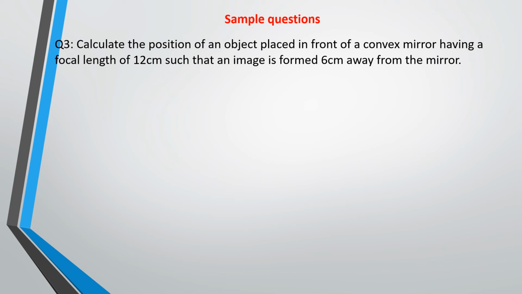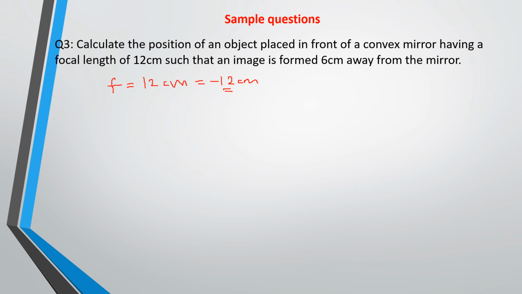So let's see how we're going to apply this. We are given the focal length of the mirror to be 12 centimeters. As I said, the focal length here will be minus 12 centimeters because it's a convex mirror.